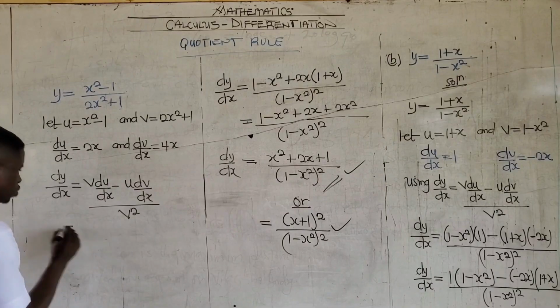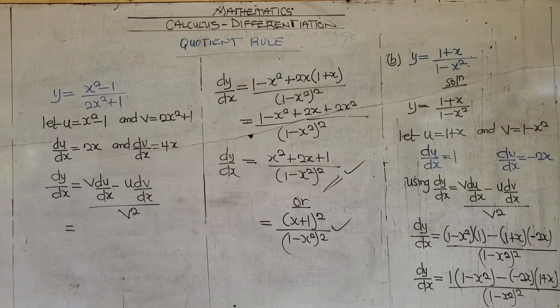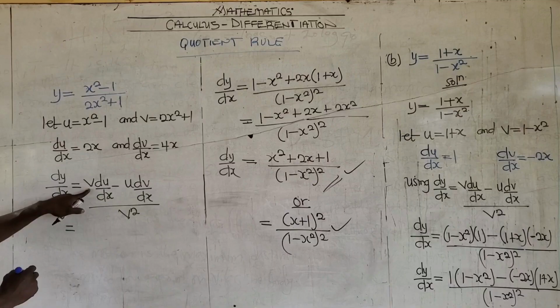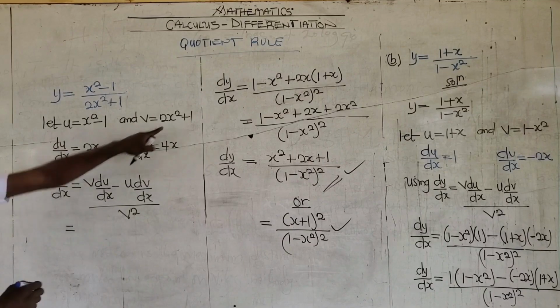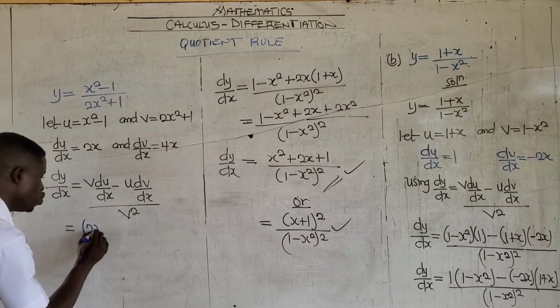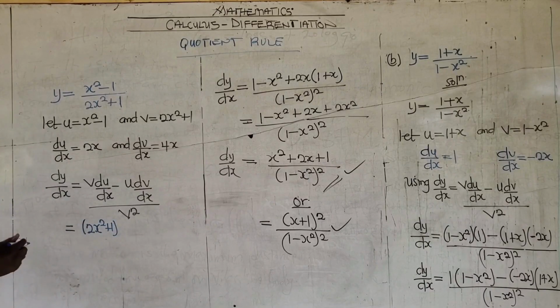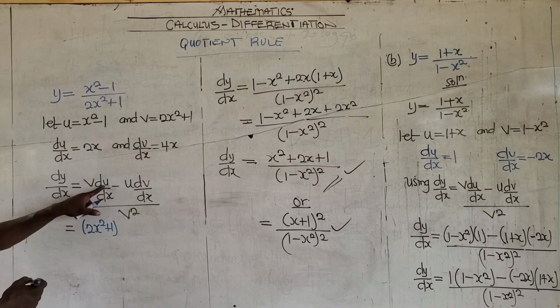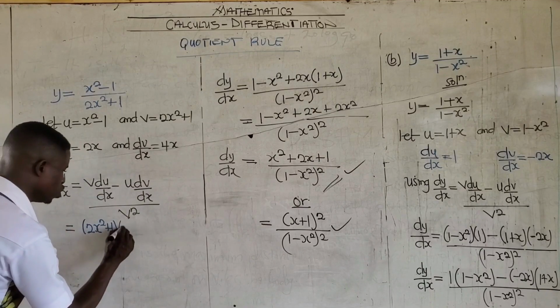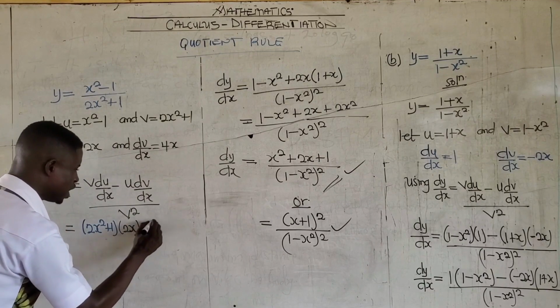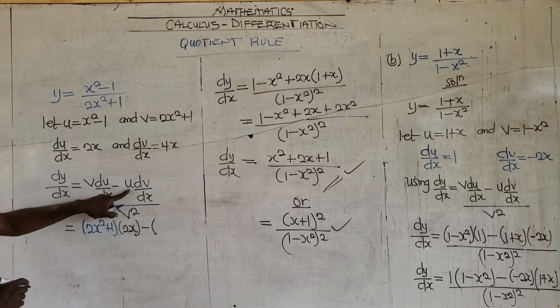So now let me do the substitution. I'm going to have my v. What is my v? V is 2x squared plus 1, multiplying du over dx, which is 2x. Minus next one, u.